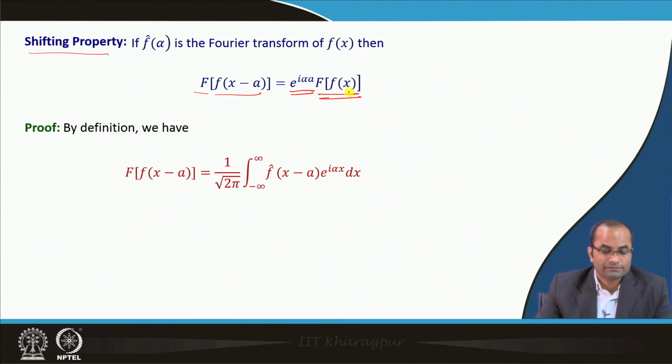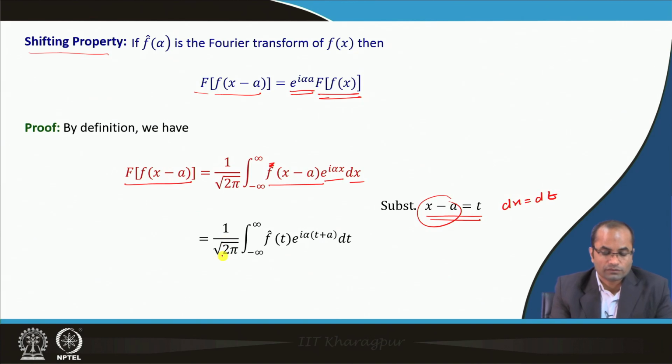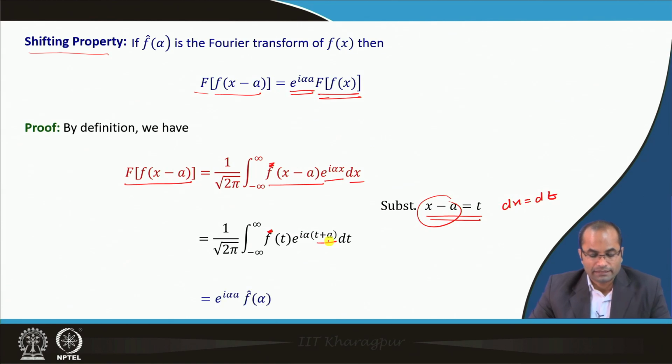Again, if we go by the definition, the Fourier transform of f(x minus a) is equal to 1 over square root 2 pi, integral from minus infinity to plus infinity of f(x minus a) e^(iαx) dx. If we substitute x minus a equal to t, then dx is simply dt, and there will be no change in the limits. So, we get 1 over square root 2 pi, integral from minus infinity to plus infinity of f(t) e^(iα(t plus a)) dt.